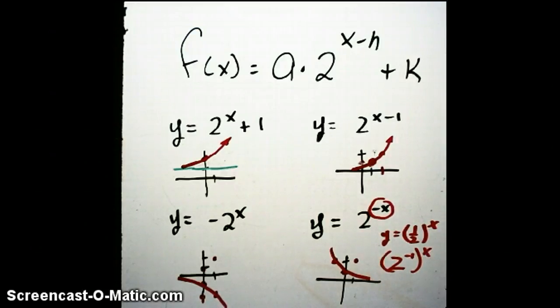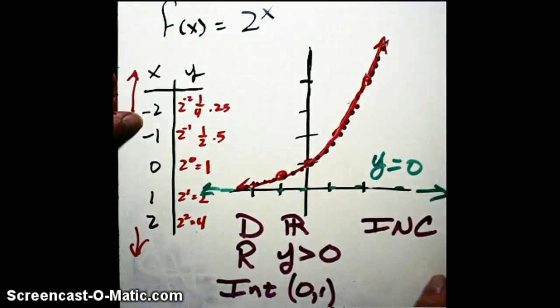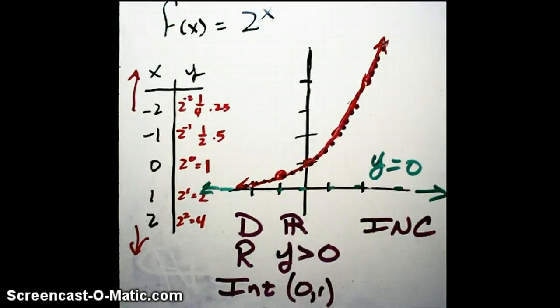If I use the power rule backwards. But we know that 2 to the negative 1 is just 1 over 2. And yes, these two expressions are equivalent. So that's another way to understand exponential functions. Like I said, it all goes back to this basic graph. And if you understand this basic graph, then you can understand how to do the others. I hope that helps.